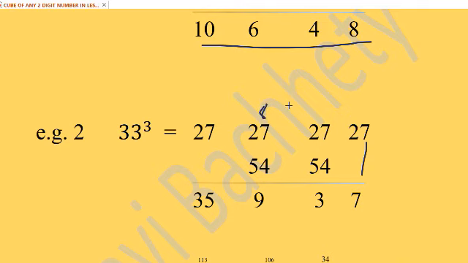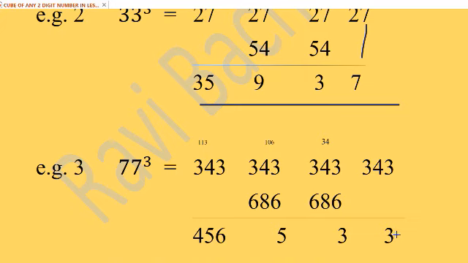Got it? Okay. So 54 plus 8 is 62. 62 plus 7 is 69 plus 20, 89. So 9 here, 8 carried forward and 27 plus 8 is 35. So the skill is in adding, right? Once you know how to add quickly, it is an easy job to do.